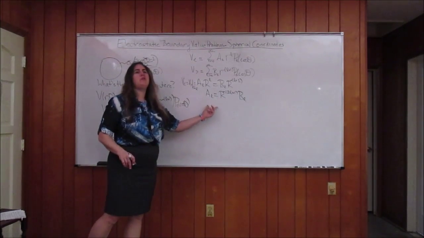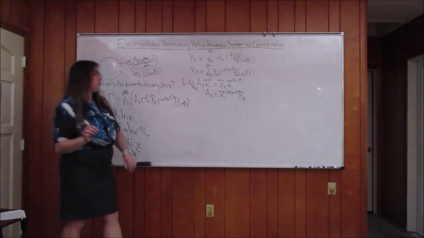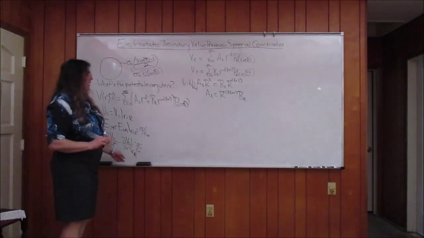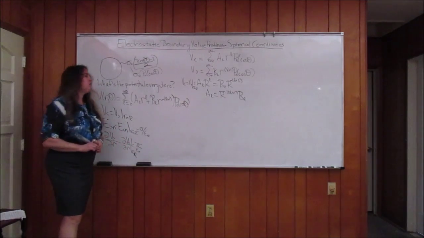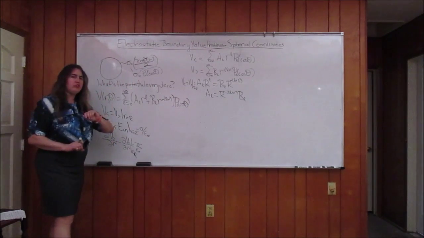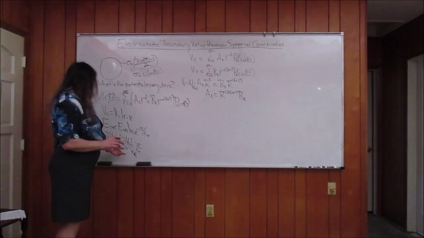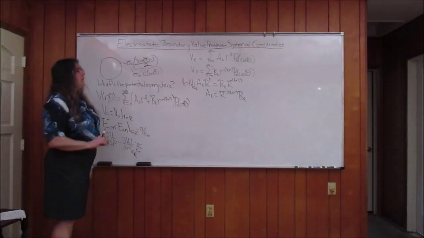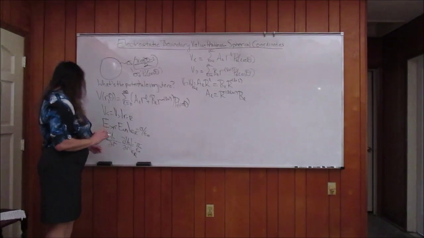Basically, I'm rewriting an infinite number of terms in terms of infinite other terms. And I'm going to apply the condition that the potential, or the electric field, suffers a discontinuity at the surface of the sphere. Now, because the surface charge density is a function of a Legendre polynomial, I can immediately deduce that the only surviving term from these expansions is going to be the L equals 2 term.